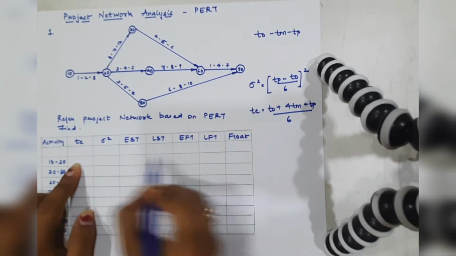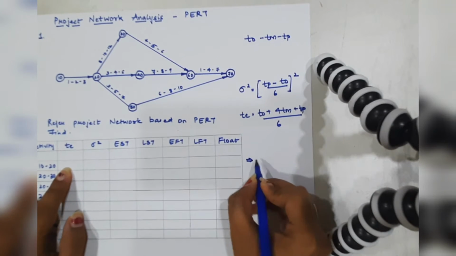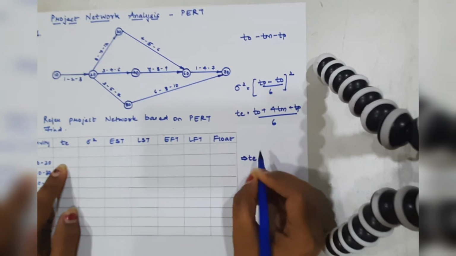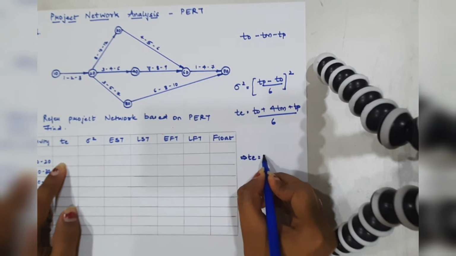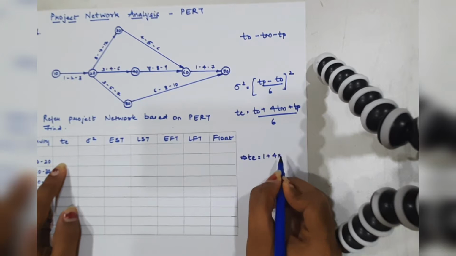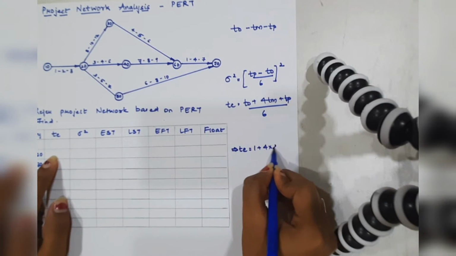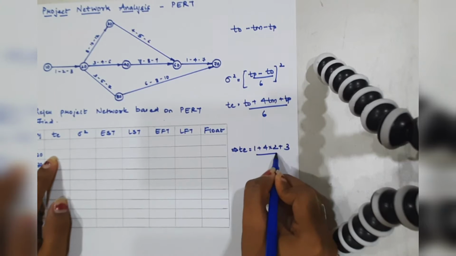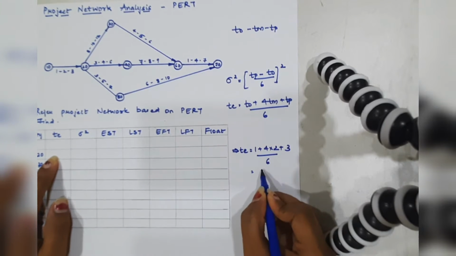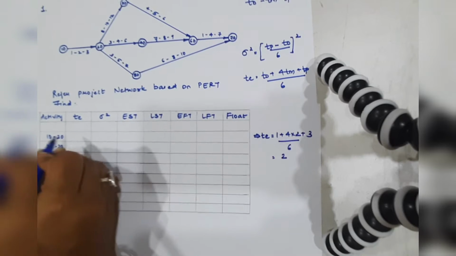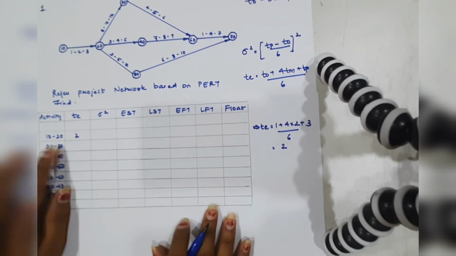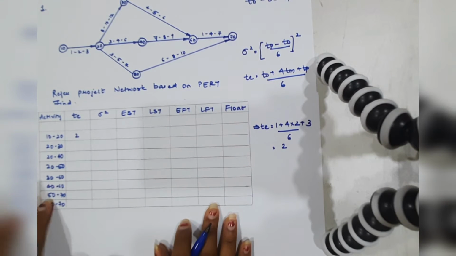So for the first case of calculating TE, it would be TO, that is 1, plus 4 into TM, that is 2, plus 3, and this will be divided by 6, which will give us the value 2. So just simply you need to write the value 2 here. In a similar way we are going to calculate for other activities.